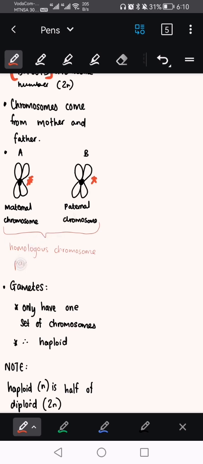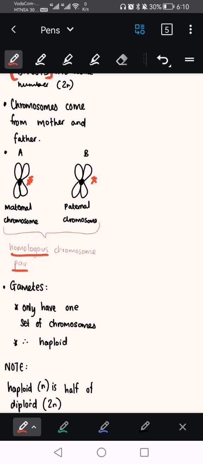That's a very important term that we need to remember when we get into meiosis 1 and meiosis 2, which will be in the next video. They are known as a homologous chromosome pair. They are paired, right?